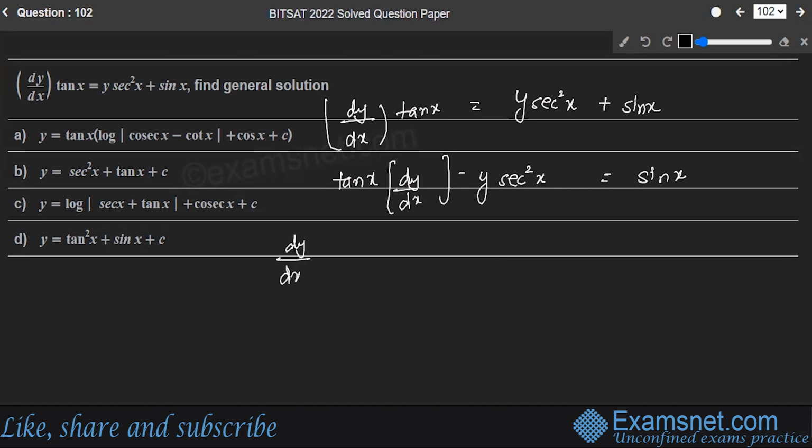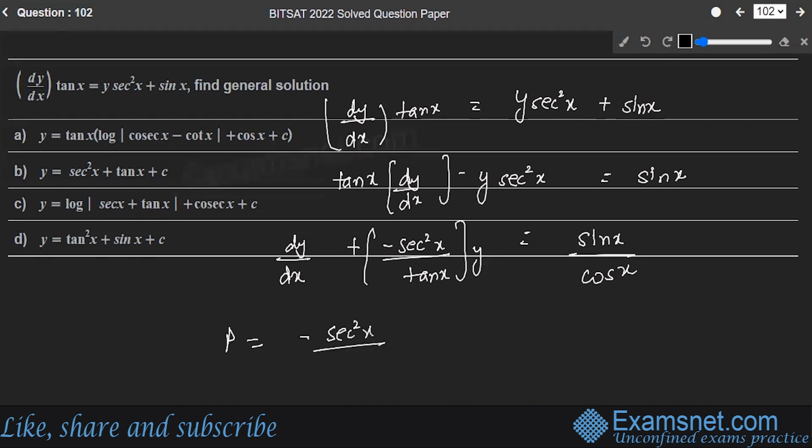I'm dividing both sides by tangent x. So dy by dx plus minus secant square x upon tangent x into y is equal to sin x upon tangent x, which is cos x. Here you have p as minus secant square x upon tangent x, and q as cos x.